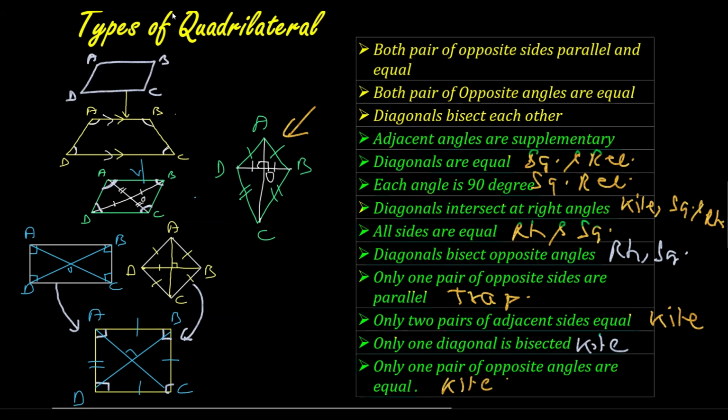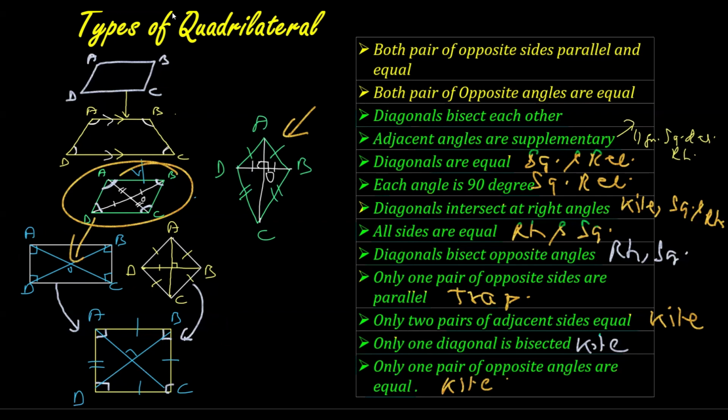That means it is there in a parallelogram and all other special types of parallelogram, that means square, rectangle, and rhombus. Diagonals bisect each other. Since it is true for a parallelogram, it will be true for all these three special types of parallelogram.